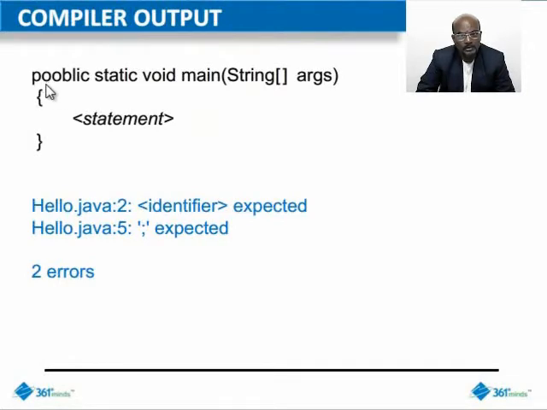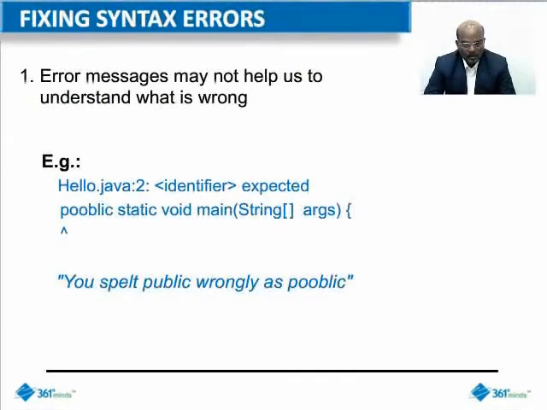As you can see in this particular slide, there are two errors, and these errors have been highlighted in your compiler output. Therefore, you will know where the error is and you can correct these errors. How do you fix errors, especially compiler errors?